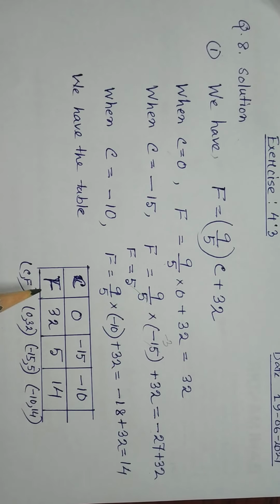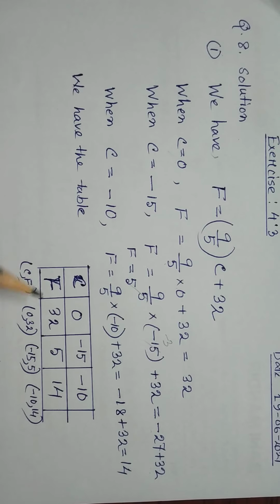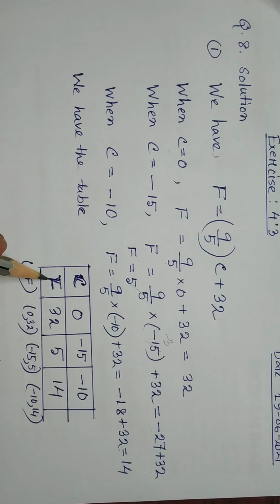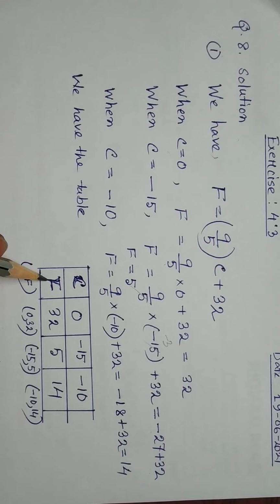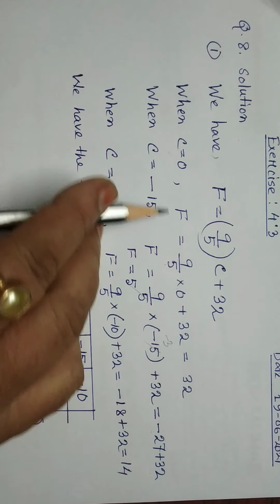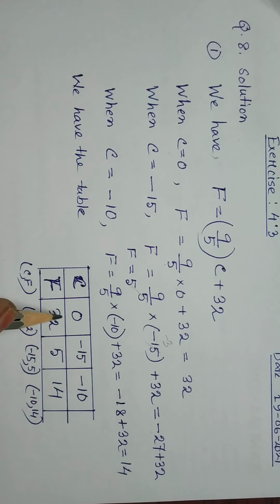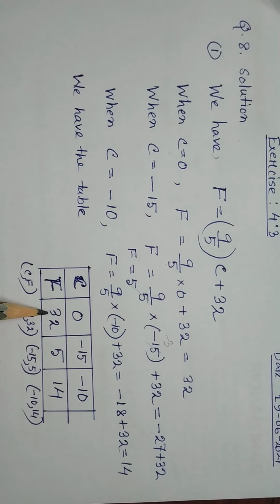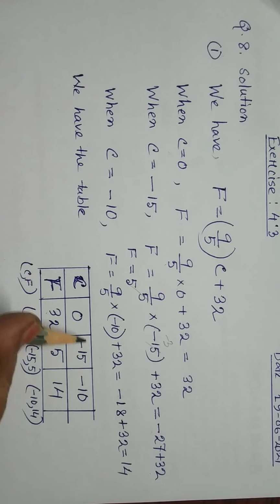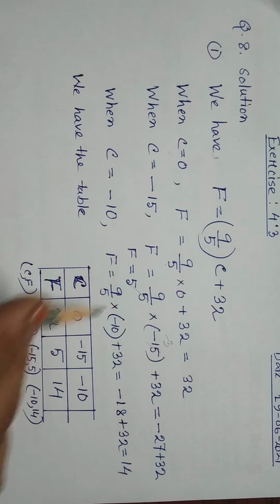If we make the table, we take X as Celsius and Y as F. When Celsius is 0, Fahrenheit is 32. When Celsius is minus 15, Fahrenheit is equal to 5.